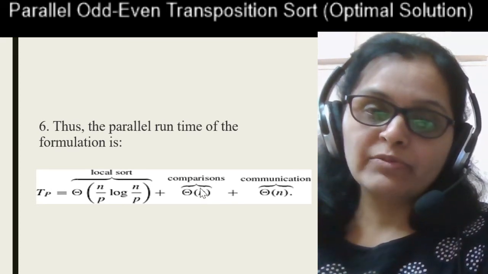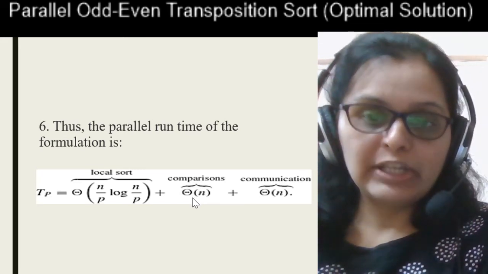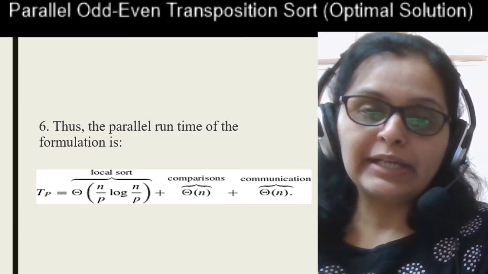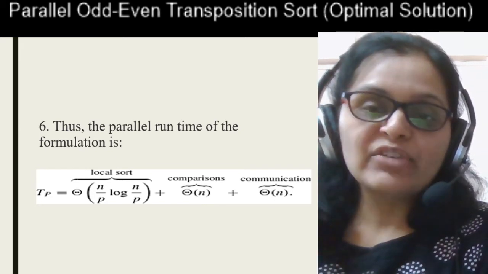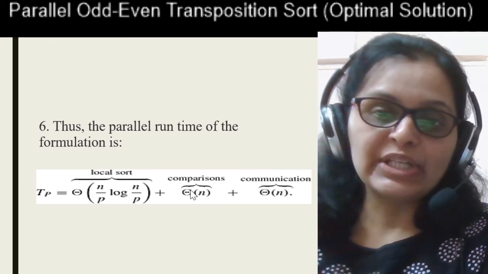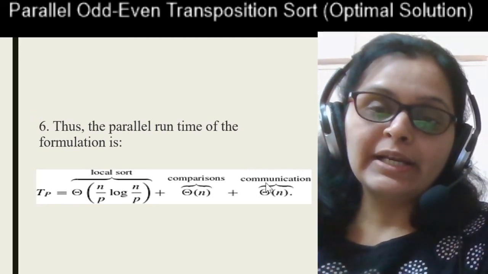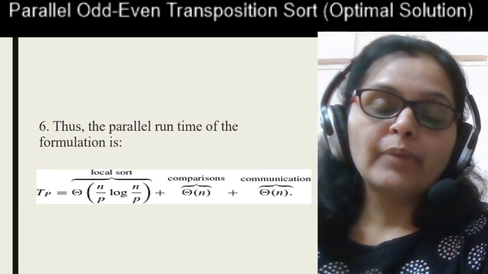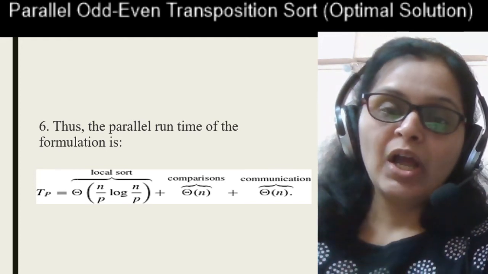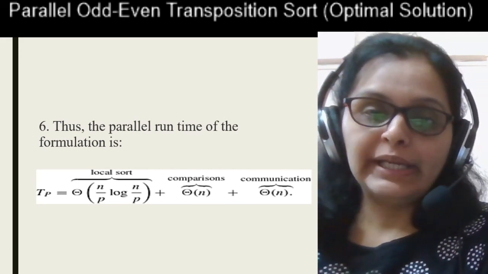Per phase, whether odd or even, n by p comparisons are done in the compare and split operation. With p such phases, that's why O(n) comparisons and merging operation. Plus, whether it is an odd or even phase, n by p communication time is spent in each phase. With p such phases, n by p into p is n.